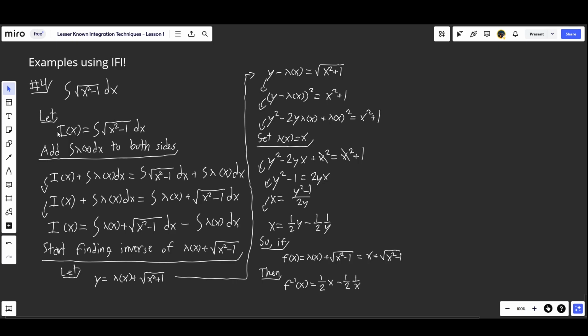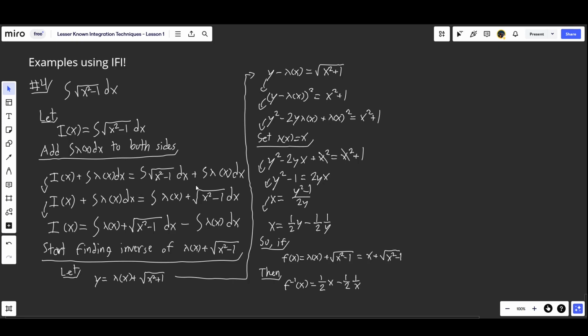Start by setting the indefinite integral that you want to solve equal to some function which we'll call I of x. Next, add the indefinite integral of some arbitrary function which I'll call lambda of x with respect to x to both sides. We're not going to set lambda of x equal to anything yet, we're just going to leave it as is.